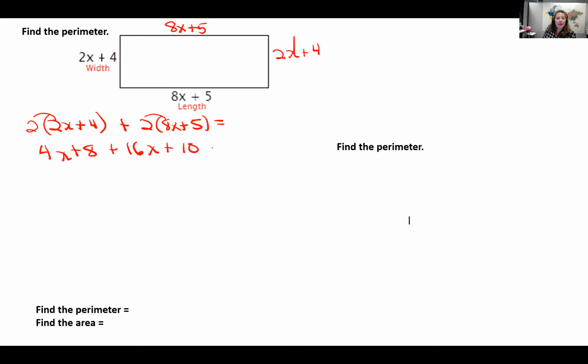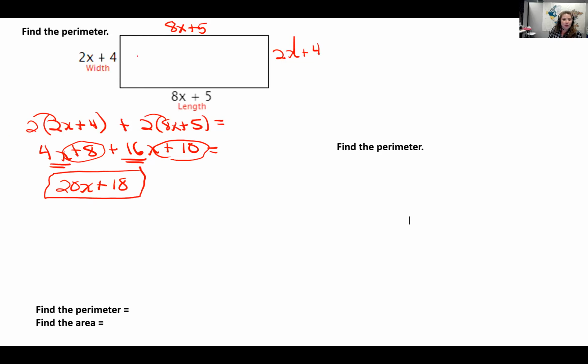And now we're going to combine like terms. So we're going to add 4x plus 16x and get 20x. And then 8 plus 10 is 18. And we are done. We cannot combine these unlike terms. We can't add them. So our answer is 20x plus 18.